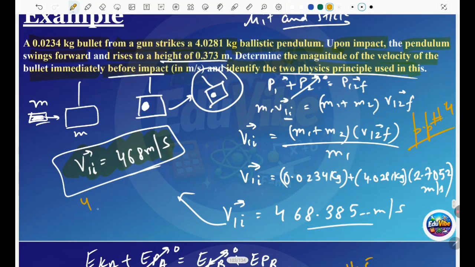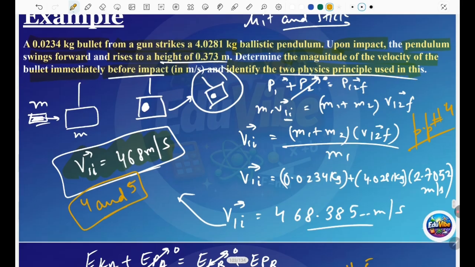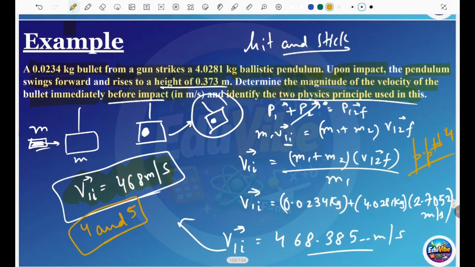We use 4 and 5. You can also say that we use 3 too, because we use a work energy theorem, and the work energy theorem is also conservation of energy. So 4 and 5, 5 and 4, 3 and 4, 4 and 3, all are the right options if you get this type of question in numeric. So this was also for the marks. You have to mention two physics principles if they ask you.